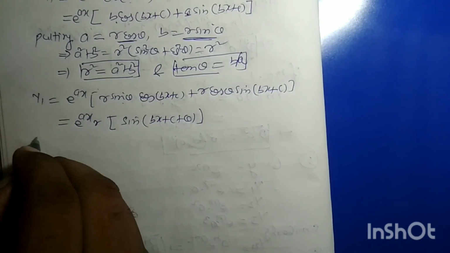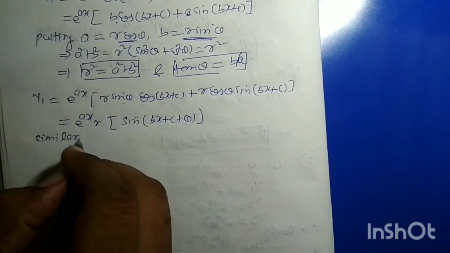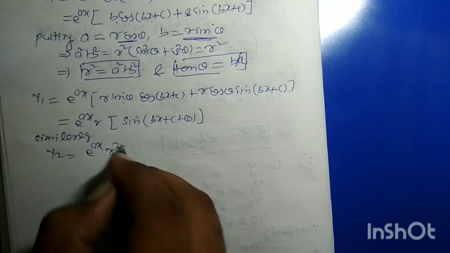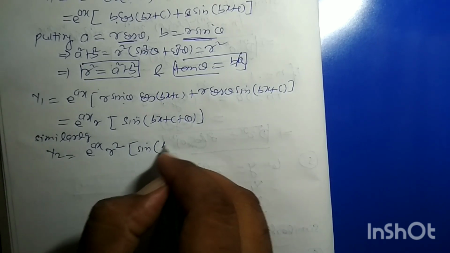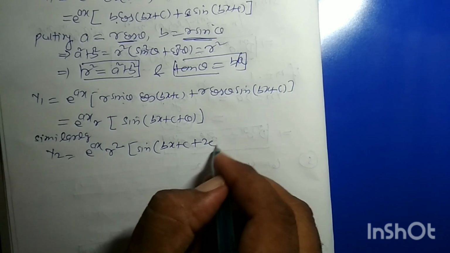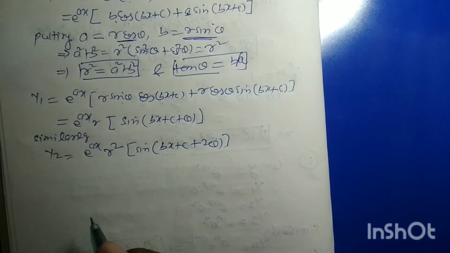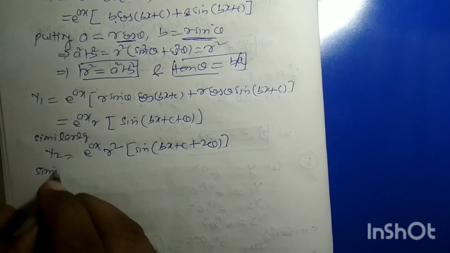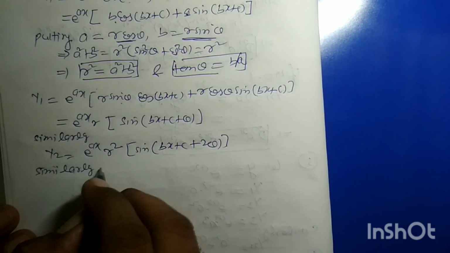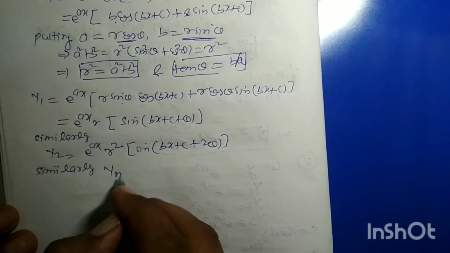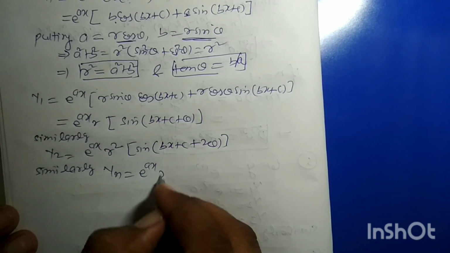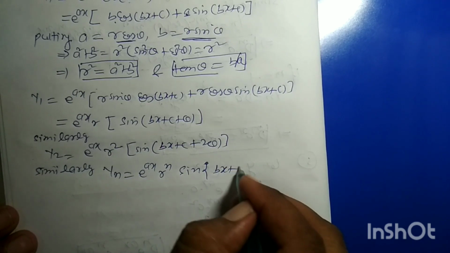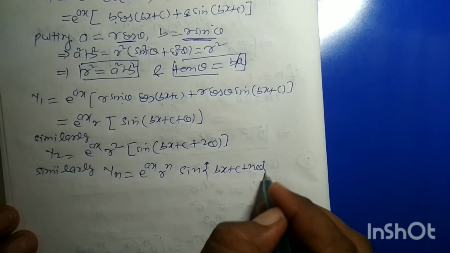So similarly we can write the second derivative. y2 is equal to e raised to power ax, r square, and here sin(bx + c + theta) becomes sin(bx + c + 2 theta). Now similarly we can write the nth derivative, I mean yn equal to e^(ax) r raised to power n sin(bx + c + n theta).